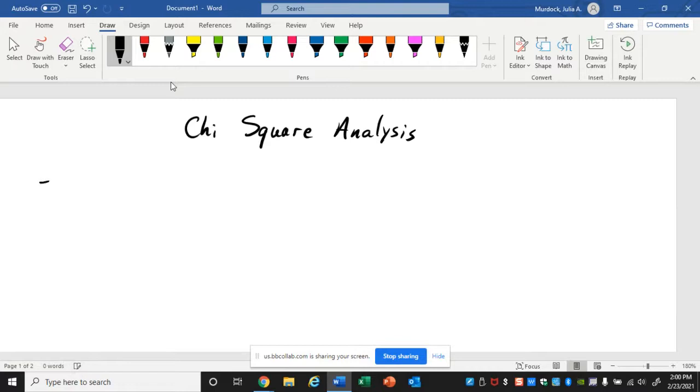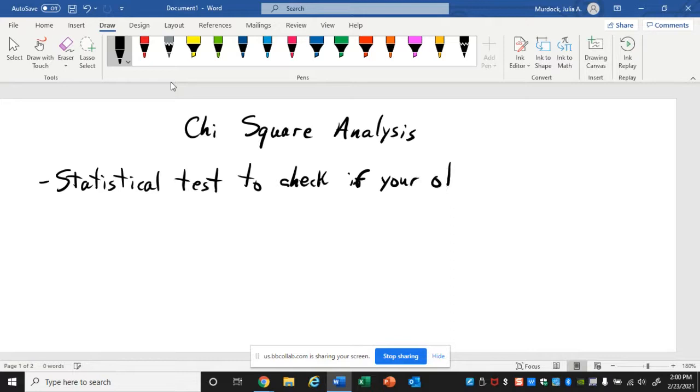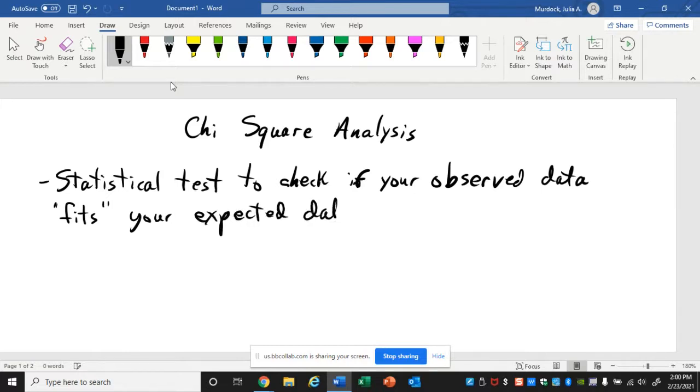Now, the reason why you would use chi-square analysis: the chi-square analysis is a good statistical test to check if your observed data fits your expected data.